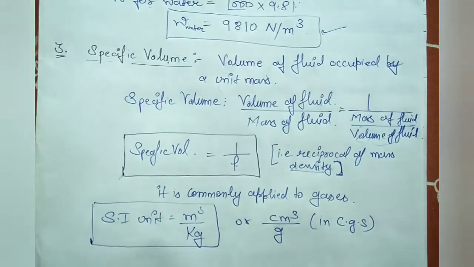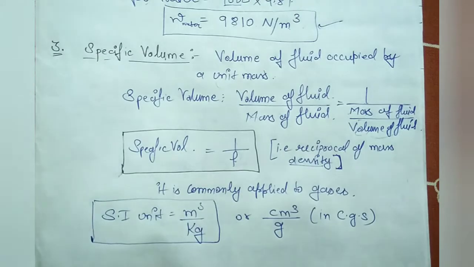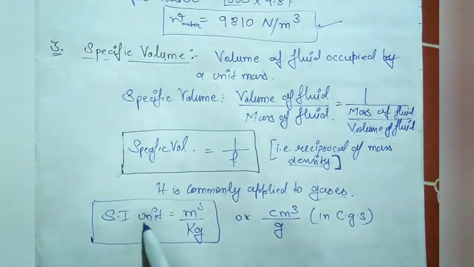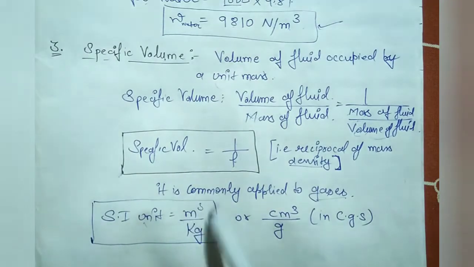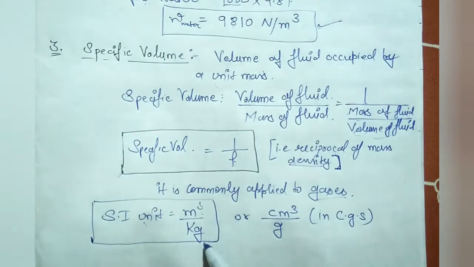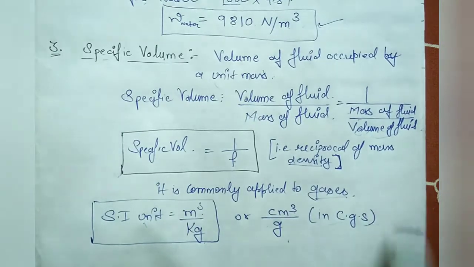So this specific volume property is generally applied to gases, okay. So SI unit of this specific volume is your meter cube per kilogram, or we can say centimeter cube per gram in CGS.